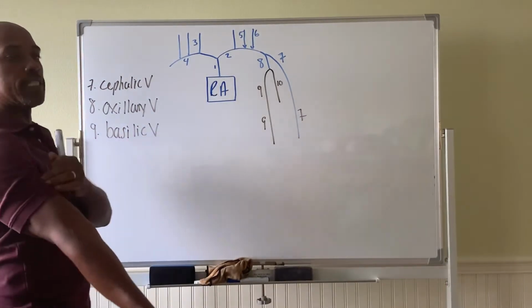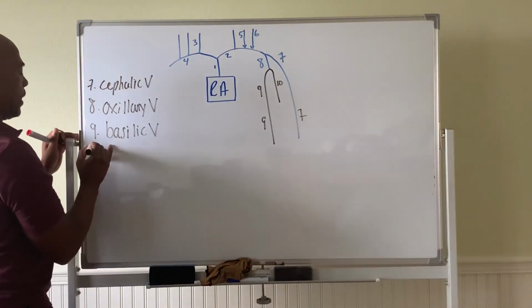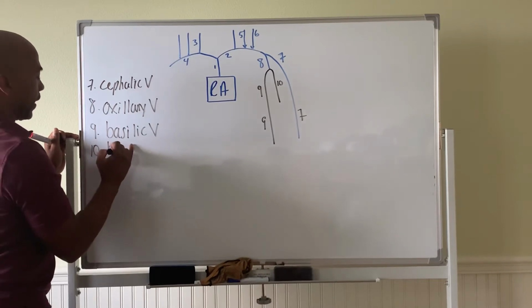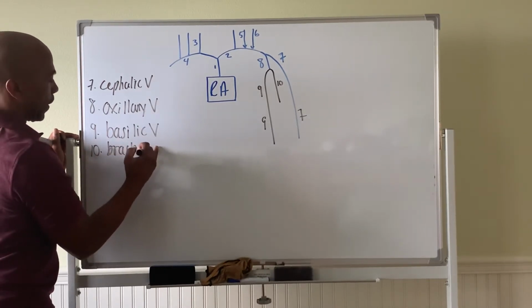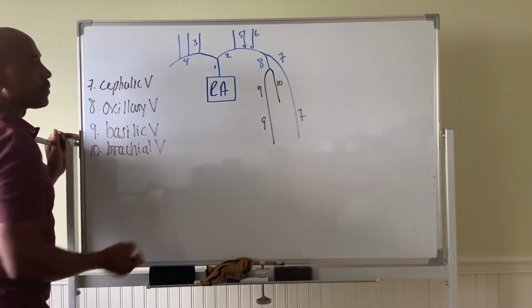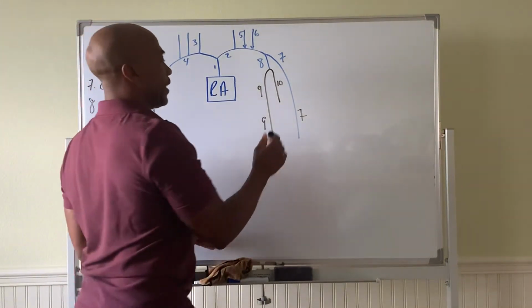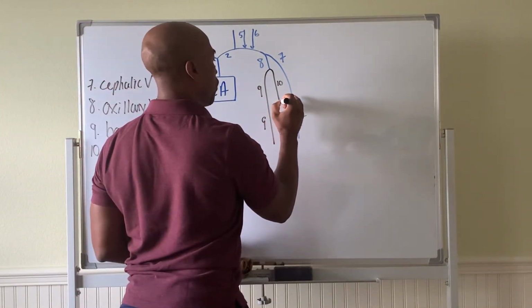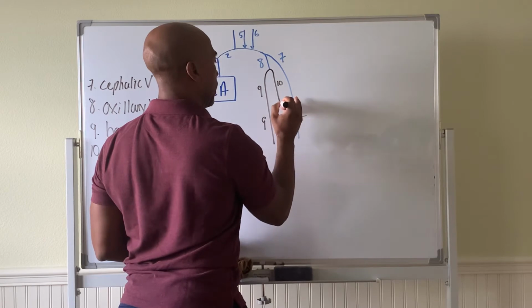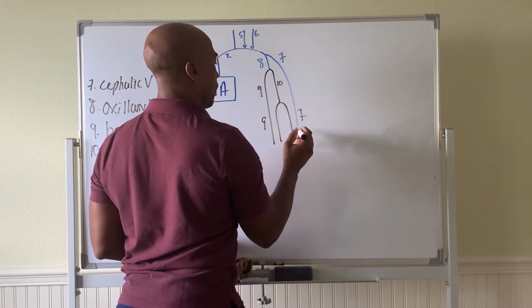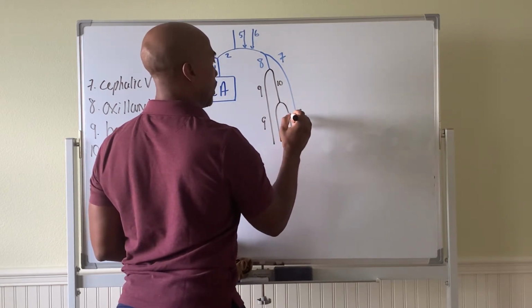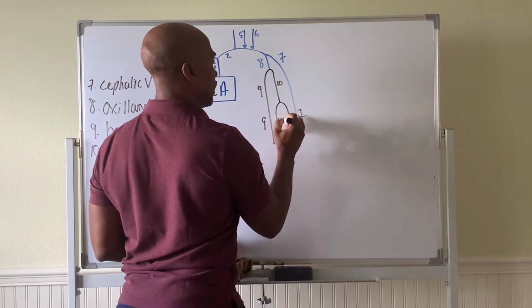10 runs down the middle of the arm, which is the brachial vein. And the brachial vein itself is formed from two veins, let's call it 11 and 12.